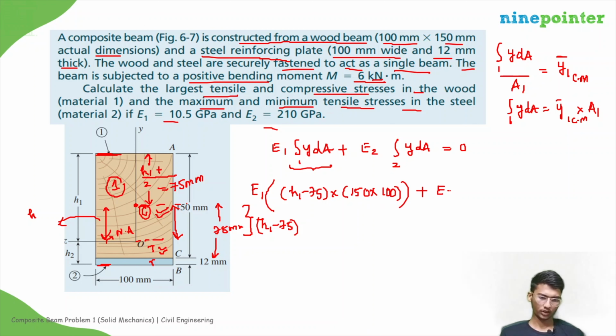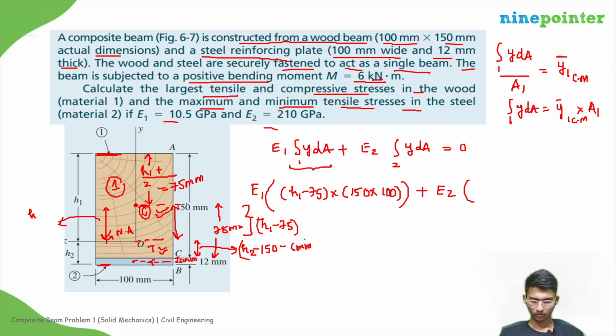Plus E2 into Y2. See, center of mass or centroid of material 2 will be over here. So it will be 6. This will be 6 mm, right? And this distance can be given by h2 minus 150 minus this 6 mm.